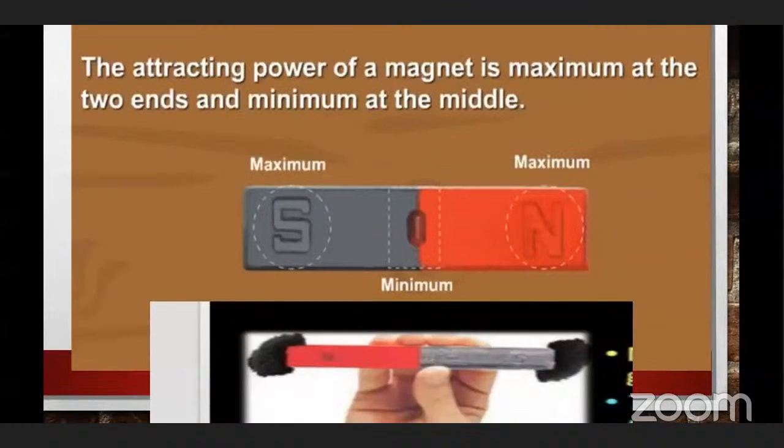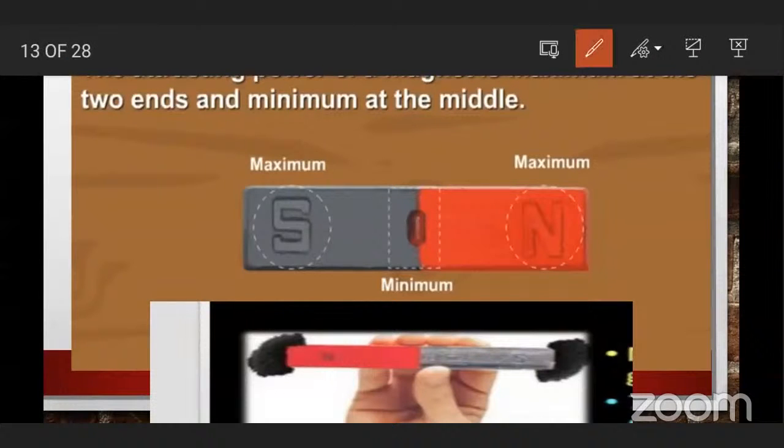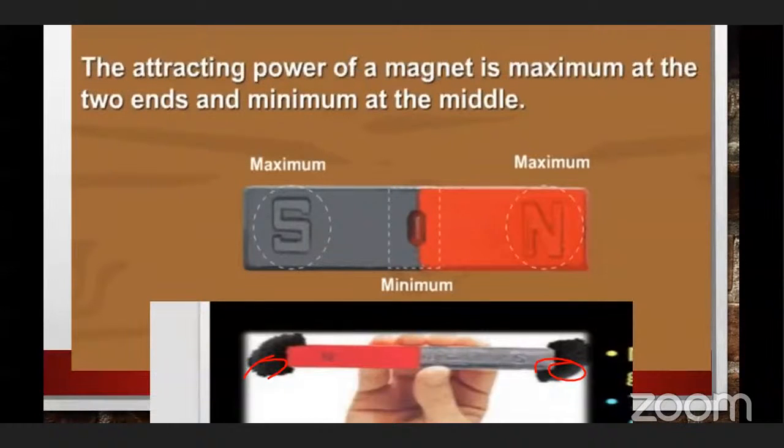Next one. The attracting power of a magnet is maximum at the two ends and minimum at the middle. In our activity, we saw this. In that activity, we saw that the iron filings stick maximum to the two ends, because the two ends have maximum power of attracting.